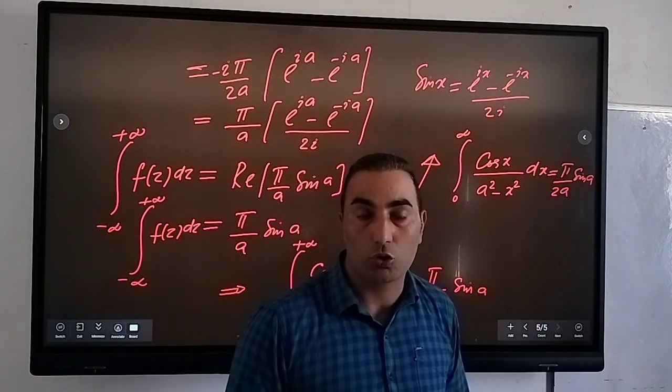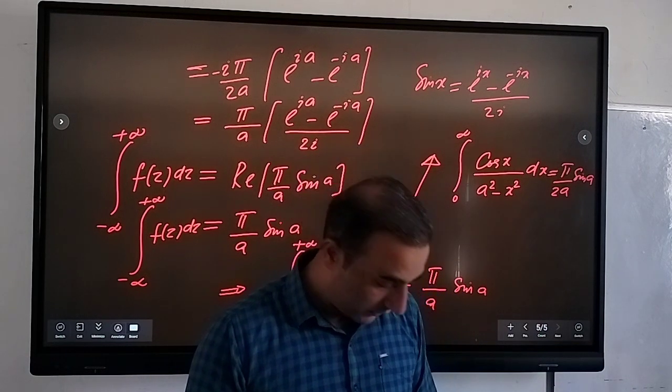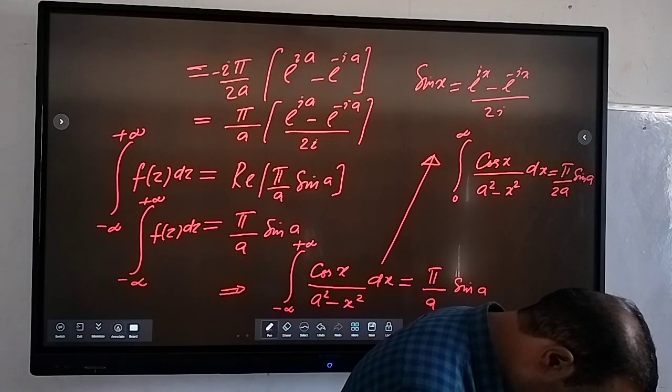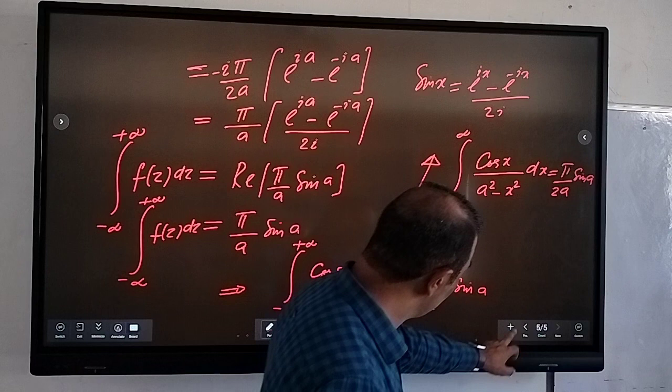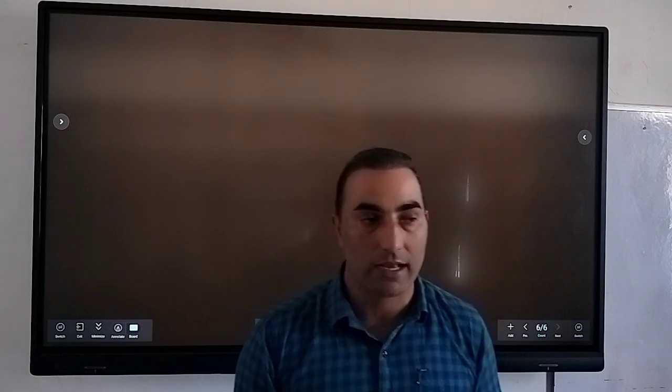Or there's another way, you can also take these integrals separately, so we can elaborate like this. If you remember, our function has two poles, one at z equal to plus a and another at z equal to minus a.